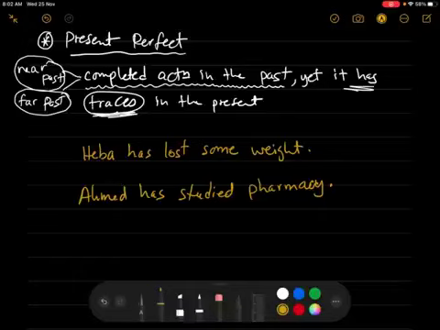Another thing is that with the use of present perfect, we cannot specify the point of time in the past at which the action was completed.